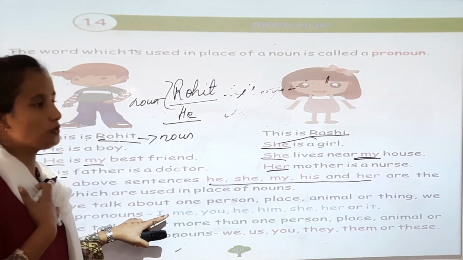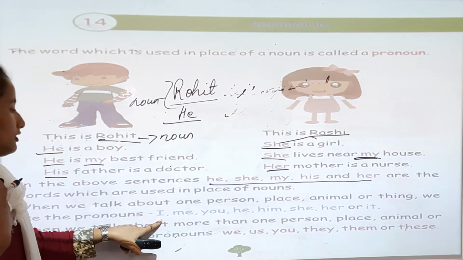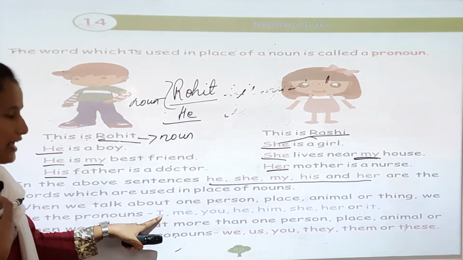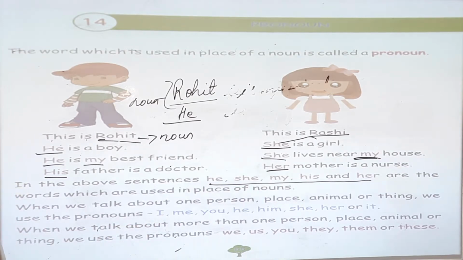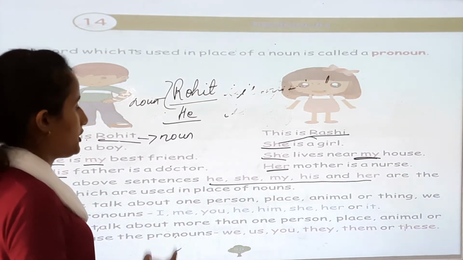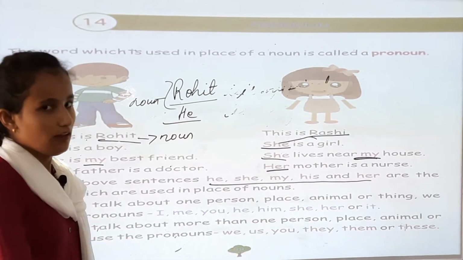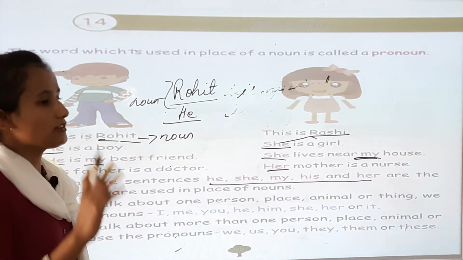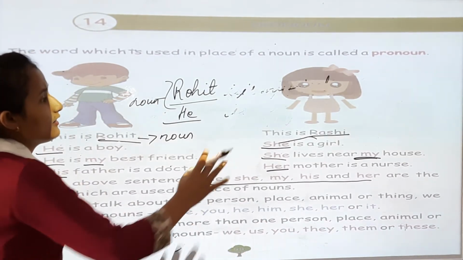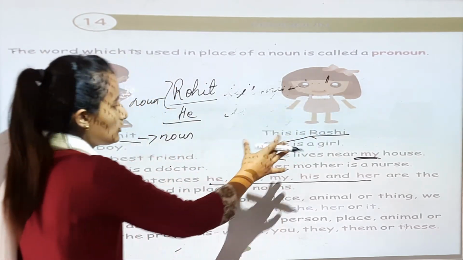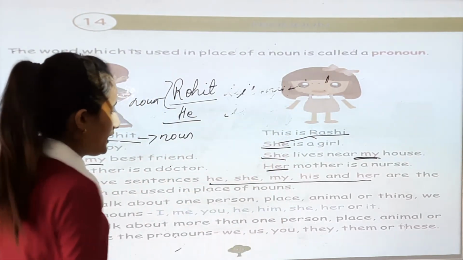That's why I am writing I am a girl. This is Rashi. She is a girl because she is a single girl, singular girl. That's why we are using she.